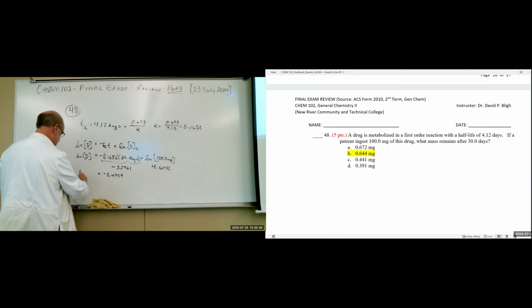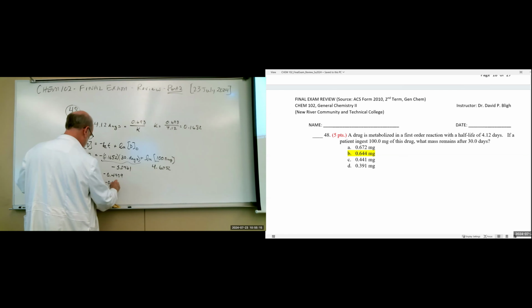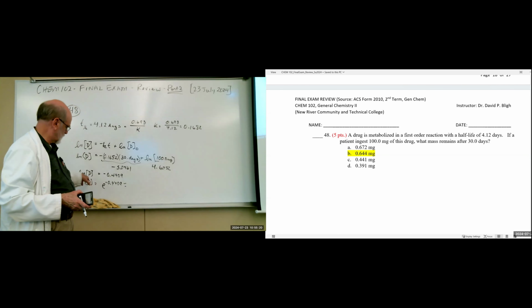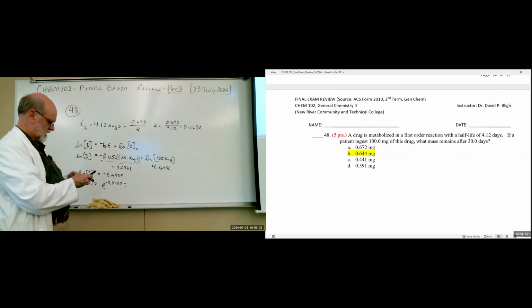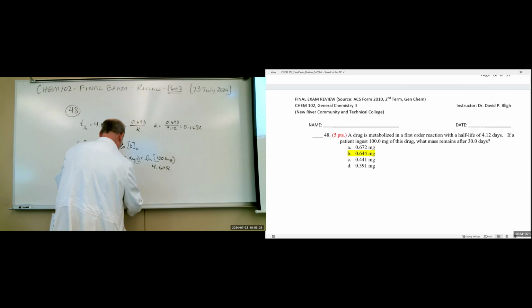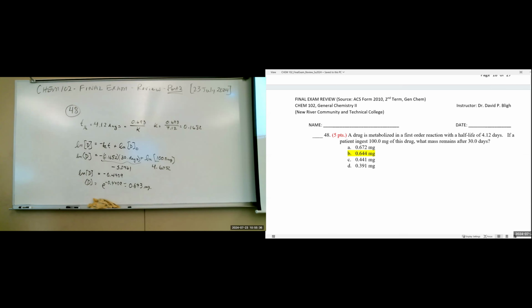And that's the natural log of the concentration. So we need e to the minus 0.4409. That's the anti-log because e is the base of that log. So let's see, here's that one. And that's 0.643 milligrams. Closest one is 644.